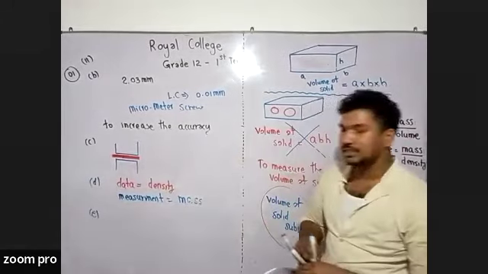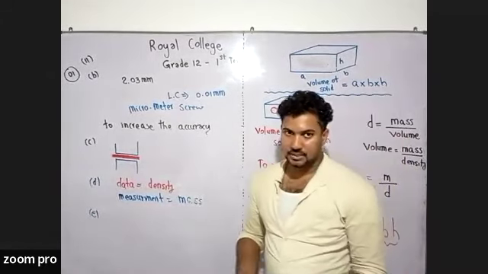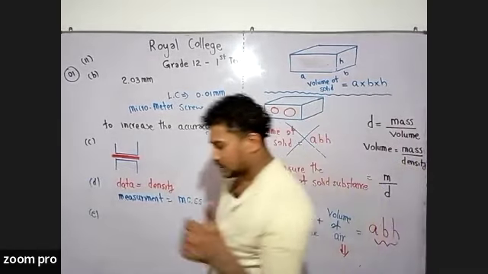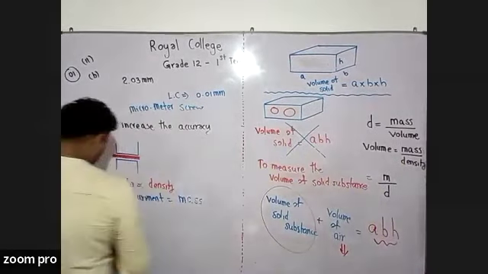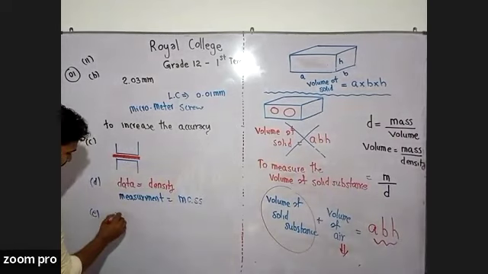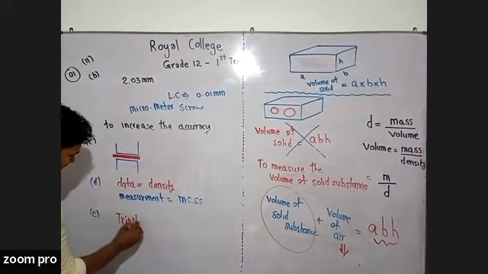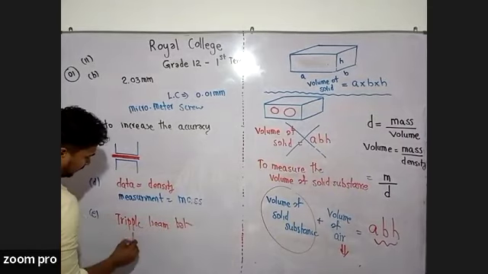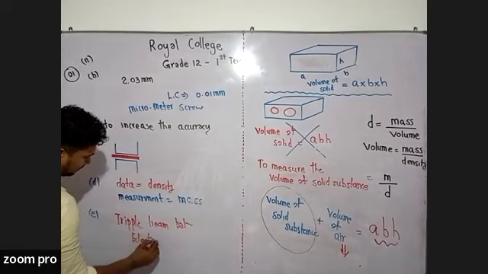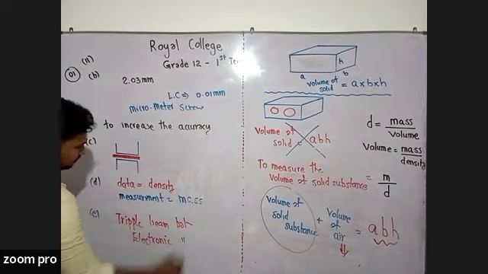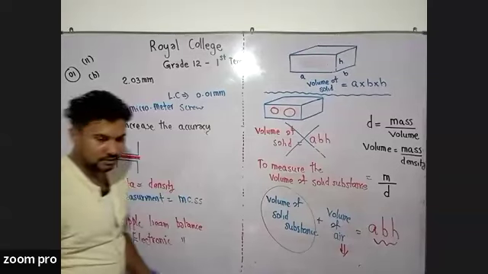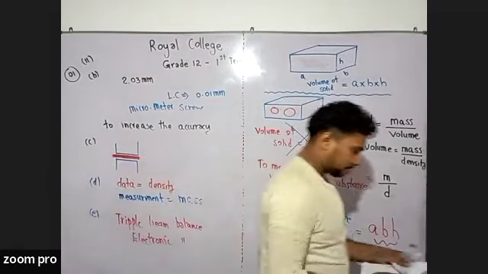To measure the mass of this cardboard, we use a triple beam balance or electronic balance. These are the instruments which are used to measure a small mass.